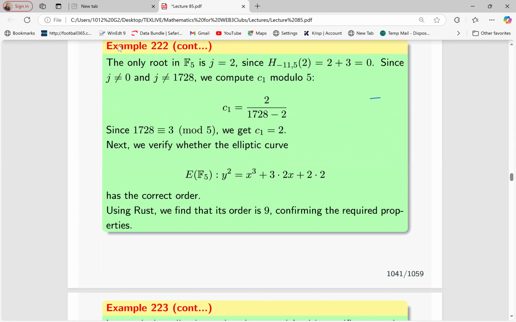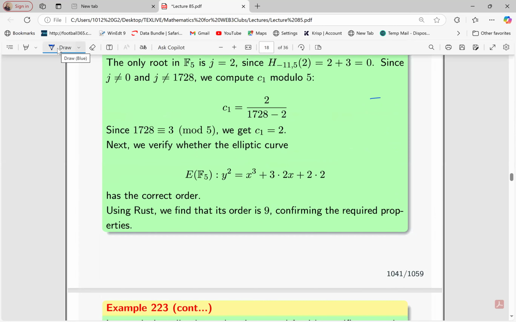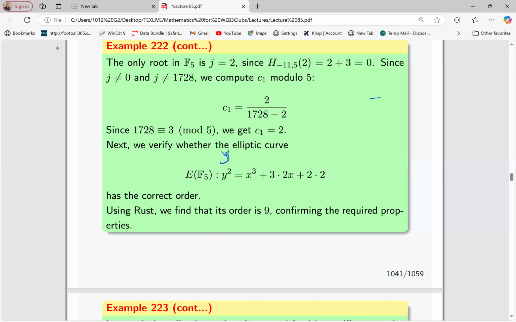So the form that we are trying is y squared equals x cubed plus 3C1 x plus 2C1. But in our case, our C1 we found to be 2. So this will be 1. This is 6, 6 mod 5 is 1. What about this? This will be 4.